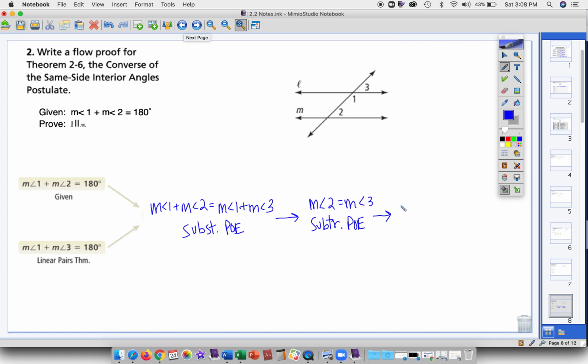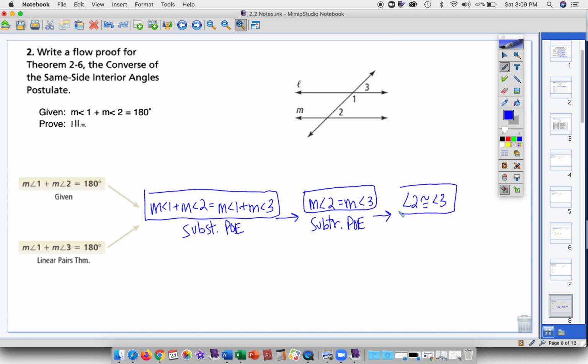So we need one more step where we say that, oh, and I didn't put mine in boxes. I'm gonna put little boxes around these. That angle 2 is congruent to angle 3. And do you remember the reason for that? That's the definition of congruence.